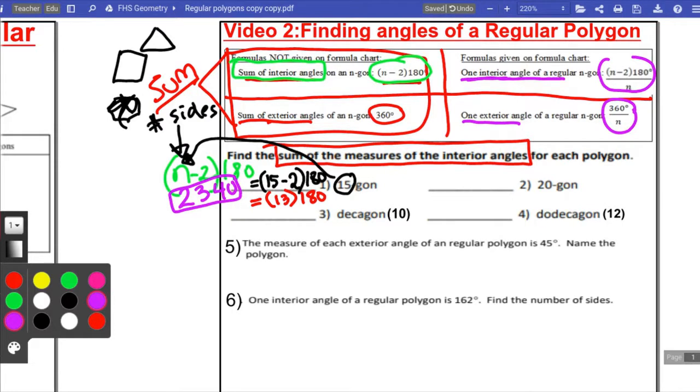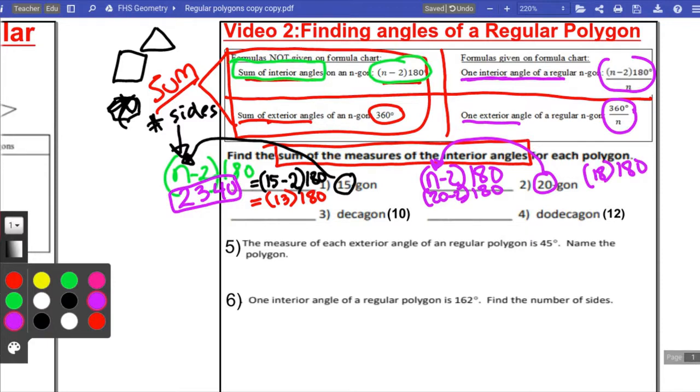Move to number 2. Same thing, because we're still doing the sum of interior angles. So the formula was n minus 2 times 180. In this case, we're dealing with a 20-gon, a 20-sided polygon. So you take your 20, take away 2, times 180, because I'm plugging 20 in for n. Since I'm running out of room, I'm just going to move it right here. 20 take away 2, you get 18 times 180.